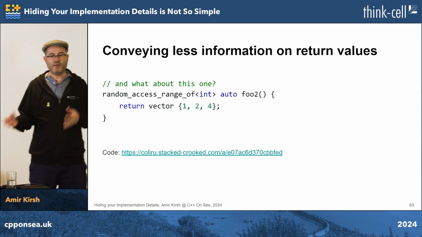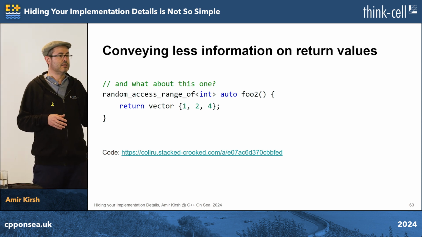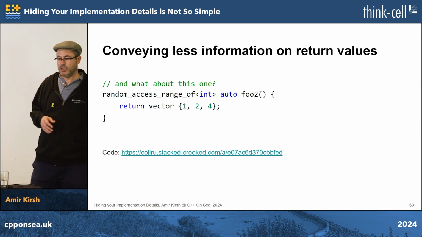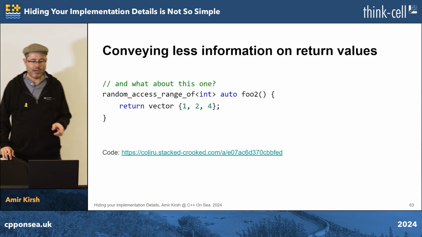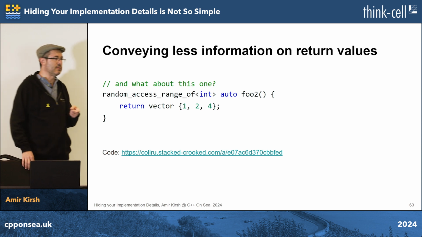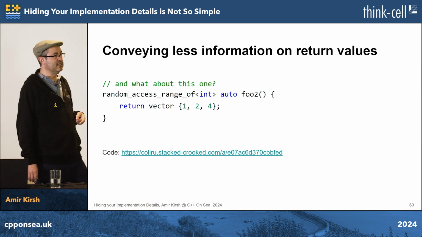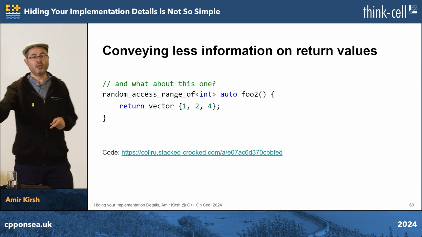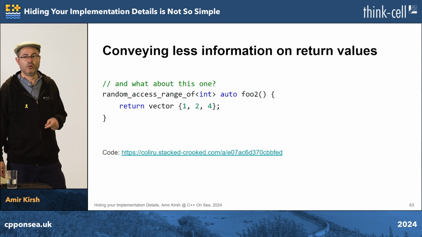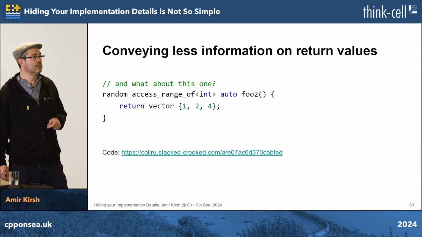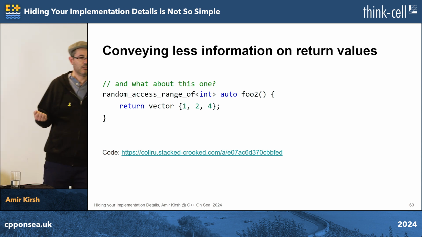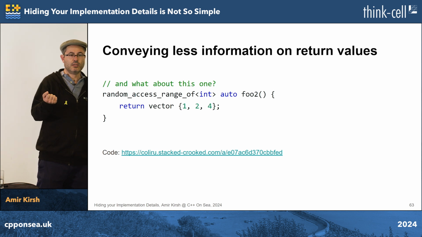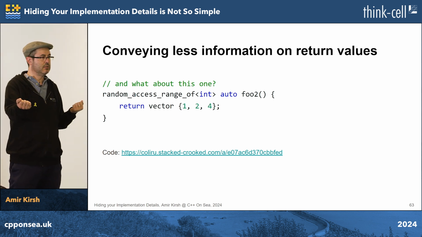So eventually I have a function that returns a vector, but exposes on the signature that the return value is a random access range of ints. By the way, there isn't any concept like that in the language. It's not an existing concept. It is created in the code below by using a concept and a type trait: a concept that T is a range, and then checking that the range value type is int.